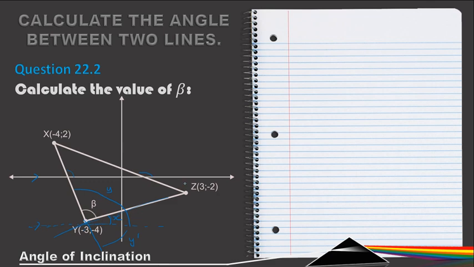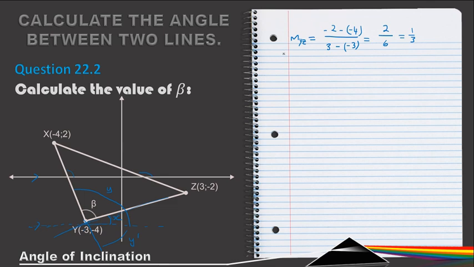First, let's find x, and before we can find x, we need to find the gradient of YZ, which is change of y, so that's -2 minus -4 over change of x, 3 minus -3, and that gives us -2 plus 4, which gives me 2 over 6, which is just 1 over 3.